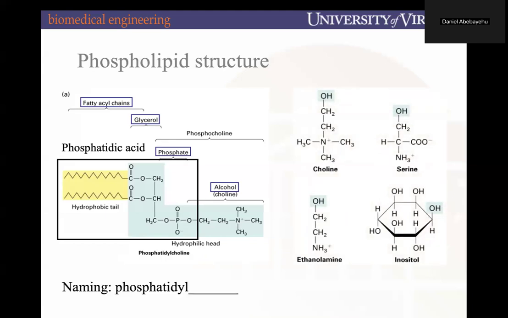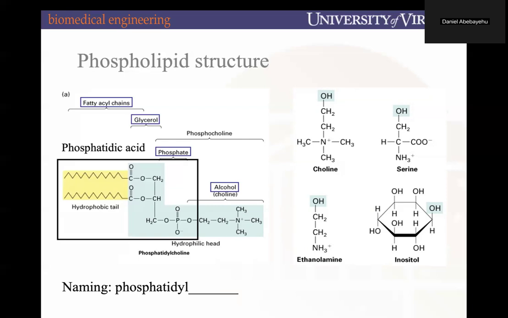Each phospholipid will typically begin with the name phosphatidyl and then the name of the alcohol that's specific to that particular phospholipid. So we have four alcohol groups that are typically present on phospholipids in the cell within the phospholipid bilayer. We have choline, serine, ethanolamine, and inositol.